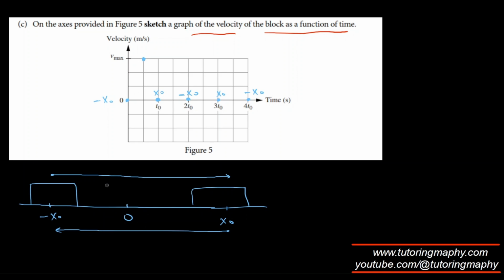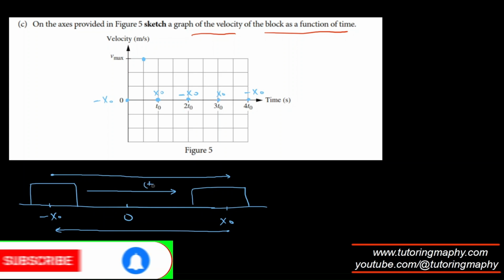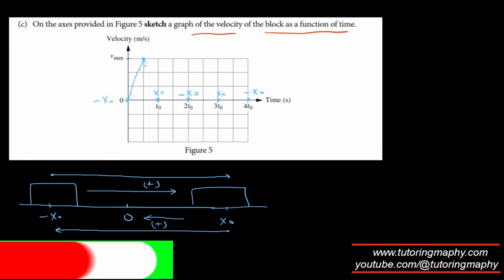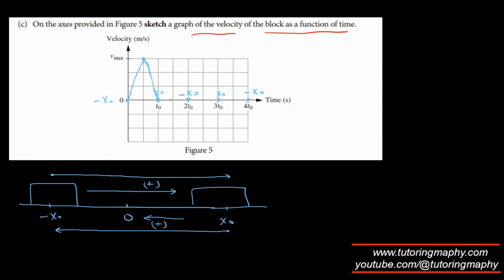Why is it positive? Because initially it is going to the right and right is positive. Then it will be going to the left in the second half, which will be negative. So it should go up, then come down, then keep coming down, then come up. This is the first cycle.